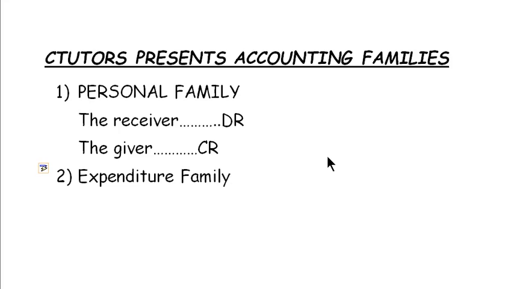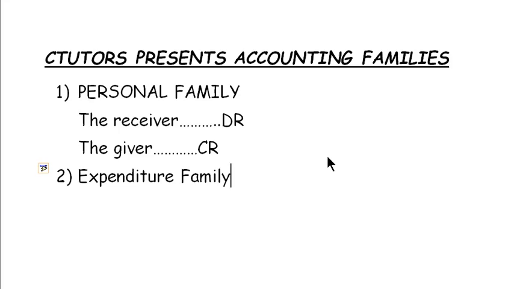So I want you to look at expenses in two platforms: the regular expenses, the recurrent expenses, the constant expenses of a business. Then on the other side, we'll talk about expenses that are not constant. Now I want you to know that when I'm talking about expenses, I mean the expenses that are constant in business. Those ones that are not constant will go to another family, which I will show you in this platform.